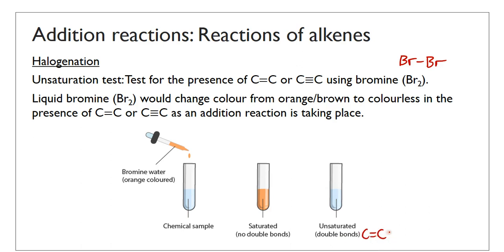So you can use the change in color of liquid bromine to detect whether or not a C=C double bond or C≡C triple bond are present in an organic compound. If something is saturated, it only turns colorless if you shine UV light through it, but obviously, why would you do that? So that's the unsaturation test.